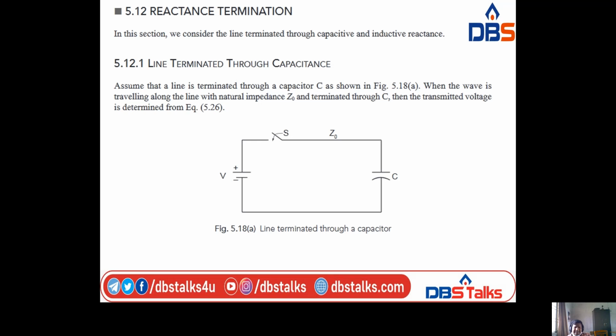Assume that a line is terminated through a capacitor C as shown in the figure. When the wave is traveling along the line with natural impedance Z0 and is terminated through C, then the transmitted voltage is determined from the equation.